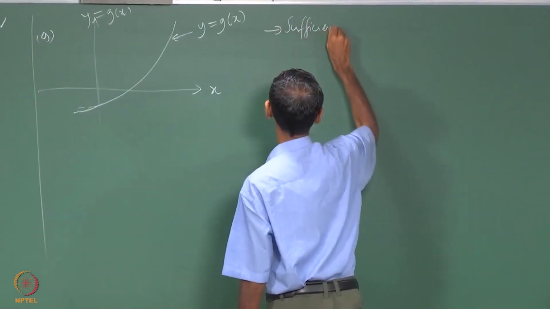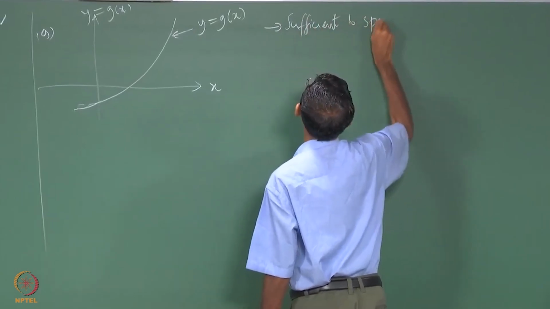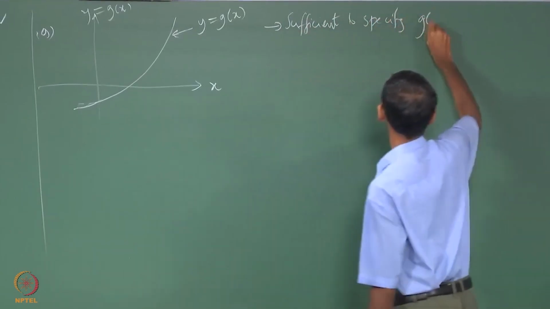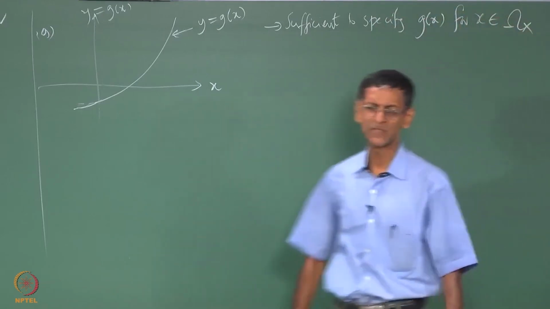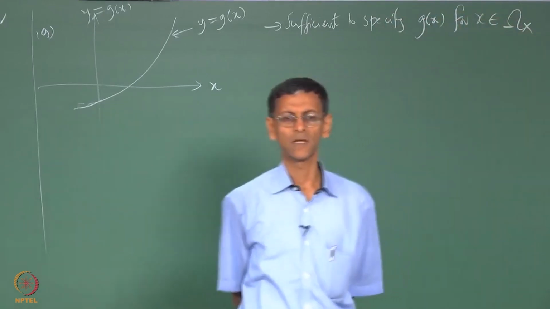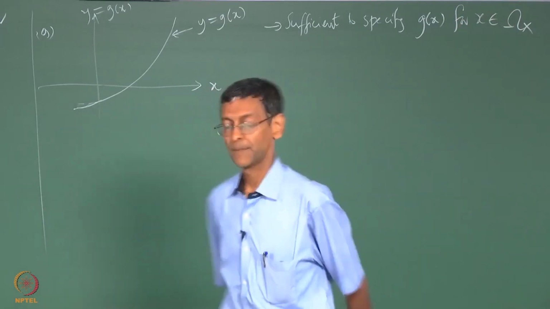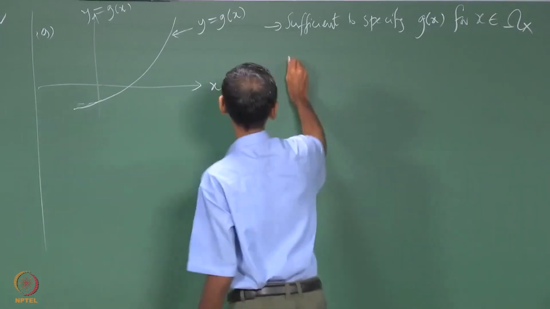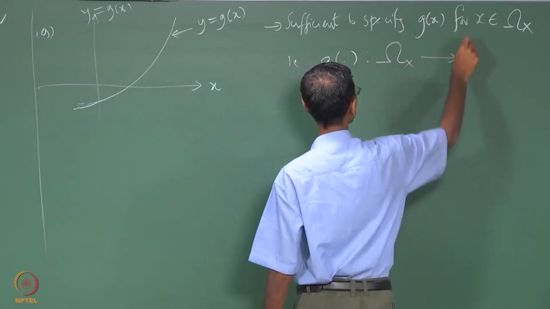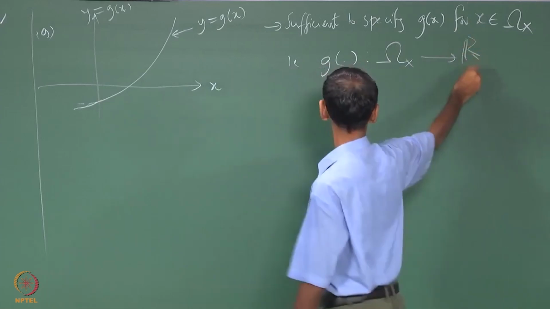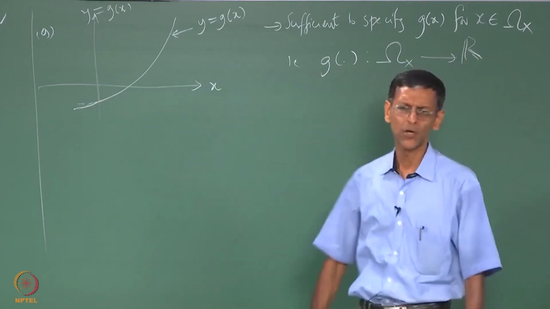First, it is sufficient to specify G of x for x in omega x. You do not have to go around specifying it for every real number under the sun. So you can write G as a map going from omega x, and the output could be any real number. We are not going to put any restriction on the output of G.